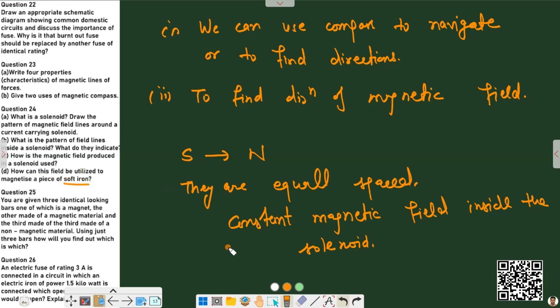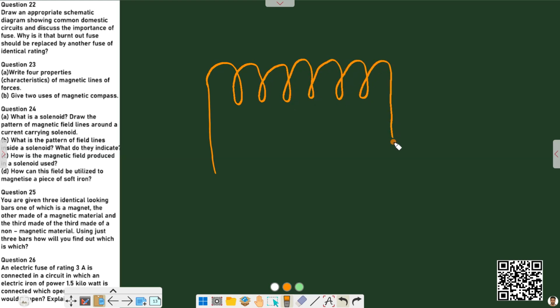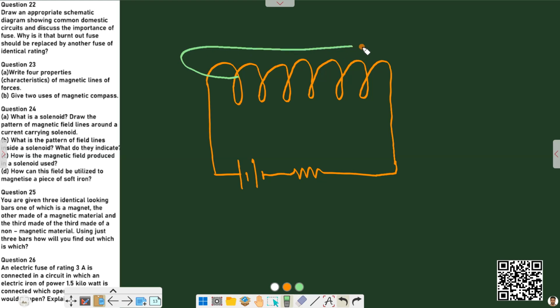What we will do is take a solenoid. Suppose this is a solenoid. We will connect it to a circuit, a battery, and a resistance. So what will happen? A magnetic field will be produced in the solenoid, and suppose this represents the magnetic field line.